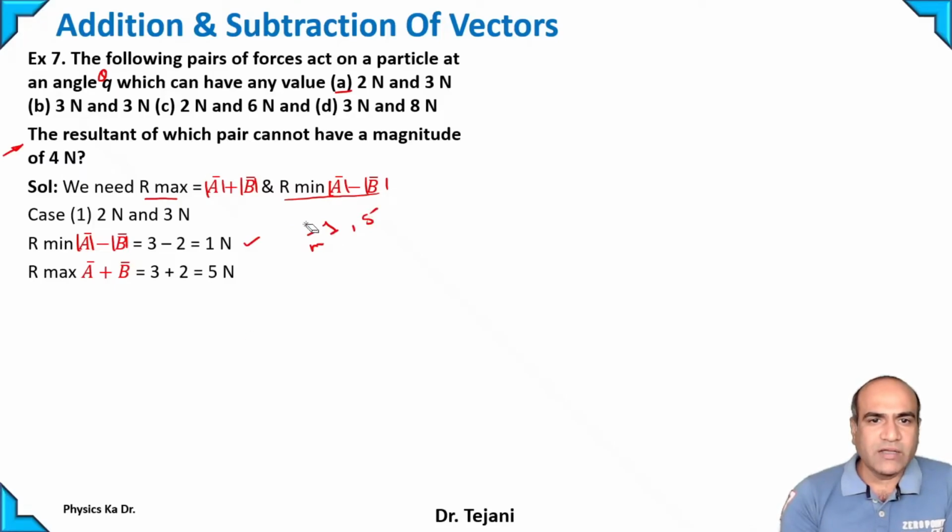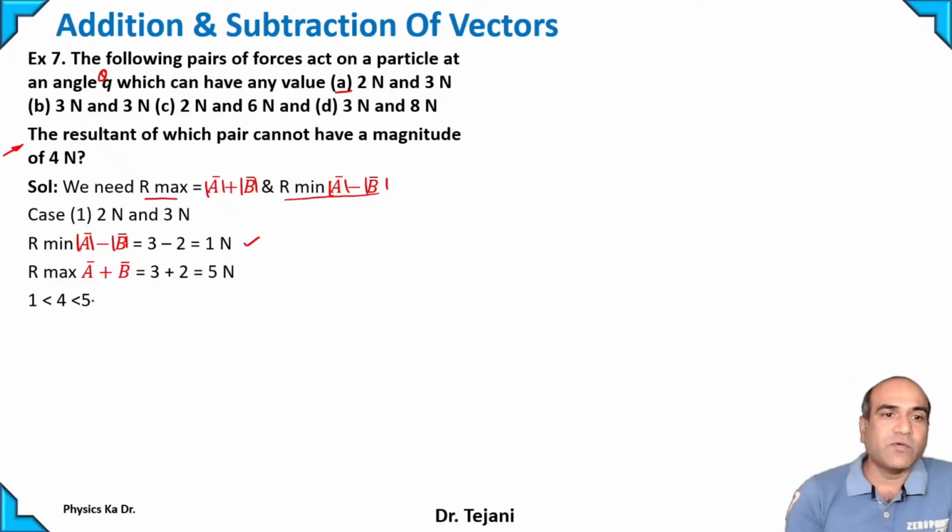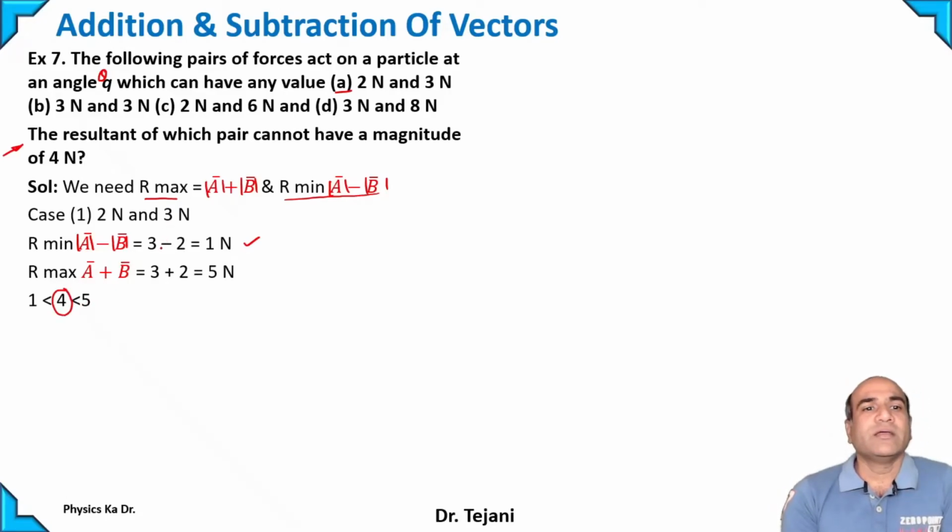If we check 1 and 5, yes, 1 is less than 4, less than 5. That means 4 is in between. And it is mentioned here the resultant of which pair cannot have magnitude of 4 Newton. So here 4 is possible, and therefore case number 1 is not a solution.